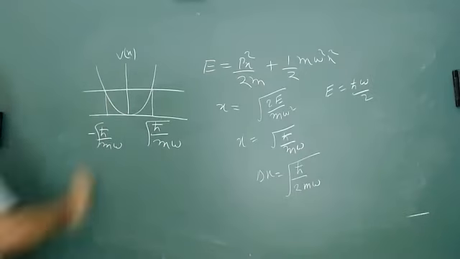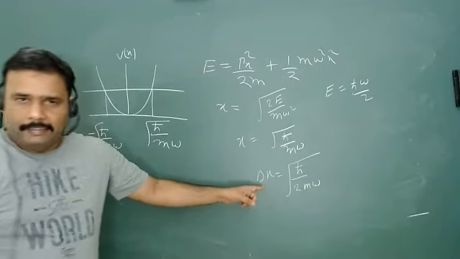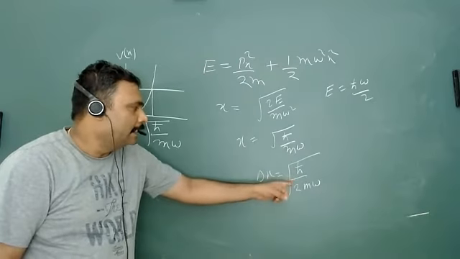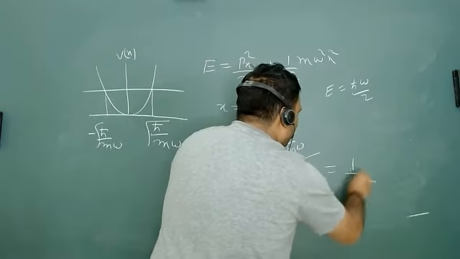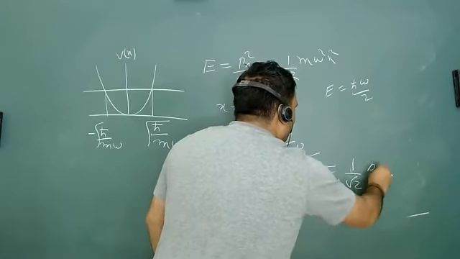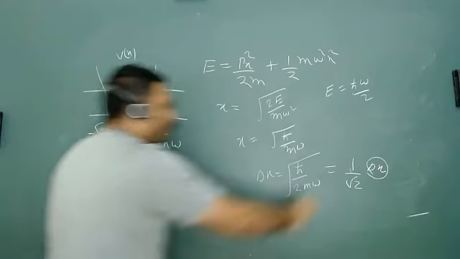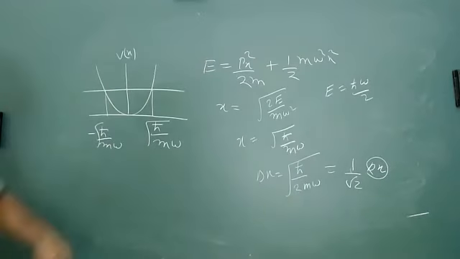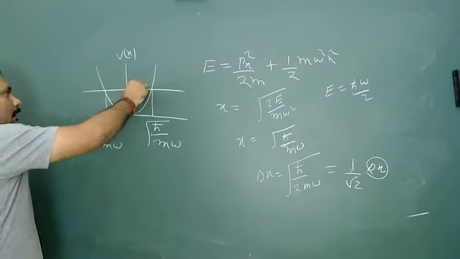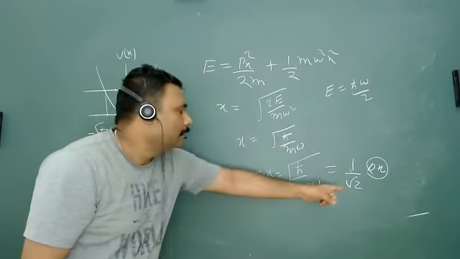We have two turning points, and for this particular delta x, which is 1 upon root 2 times x, obviously the value of delta x will be inside this particular well, and this is nothing but x naught upon root 2.